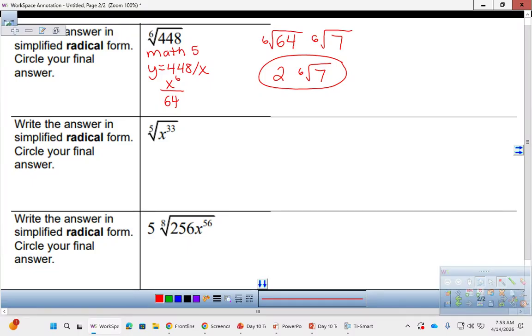All right, the second one is already a root as well, but it's a fraction. So we're going to do inside divided by outside. 33 divided by 5 is a decimal. If it was like 30 divided by 5, that's 6, so it's just x to the 6 perfectly, right?